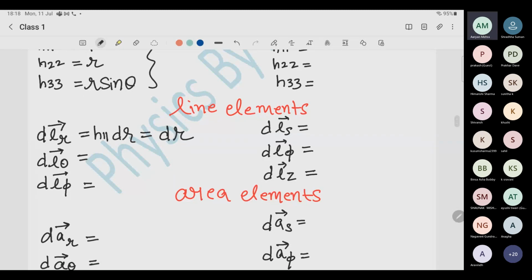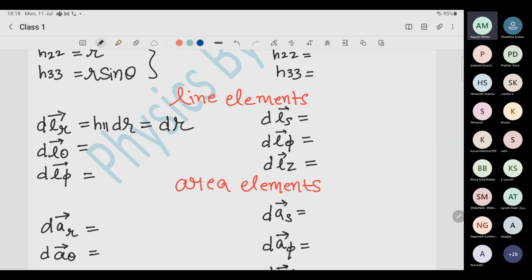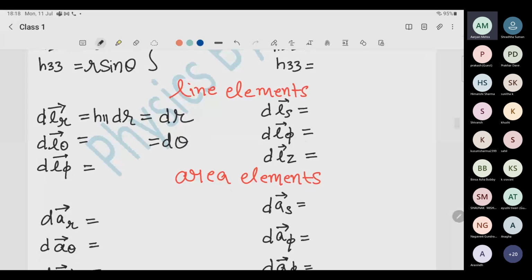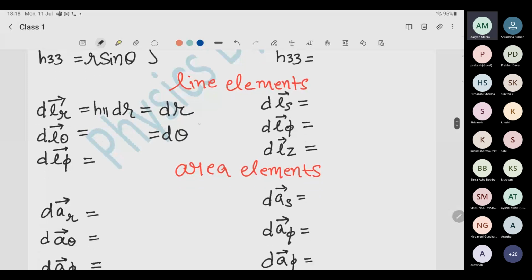What if your theta is changing? Can I write just d theta? No, because d theta is not a dimension of length. It does not tell you the change in length, it tells you the change in angle. So you cannot write this. Then what do we write? We write h22 d theta. What is h22?